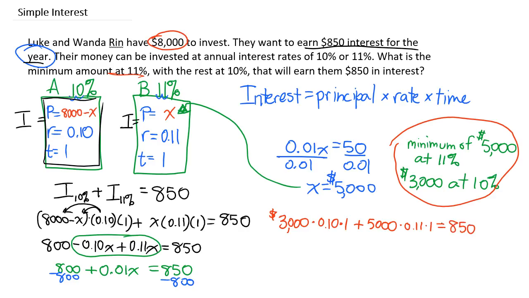So here's to hoping. 3,000 times 10 hundredths is 300, plus 5,000 times 11 hundredths is 550, times 1 is just 550, which equals 850, and 850 equals 850. Checks out. So we see then that we need a minimum of $5,000 at 11%.